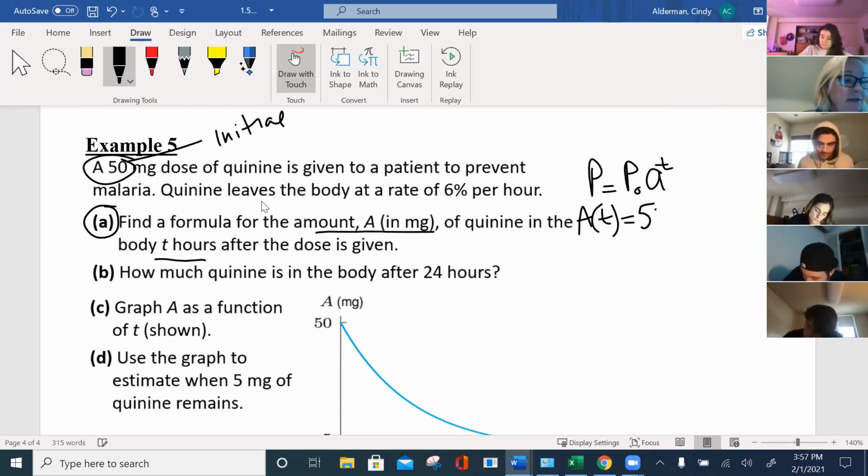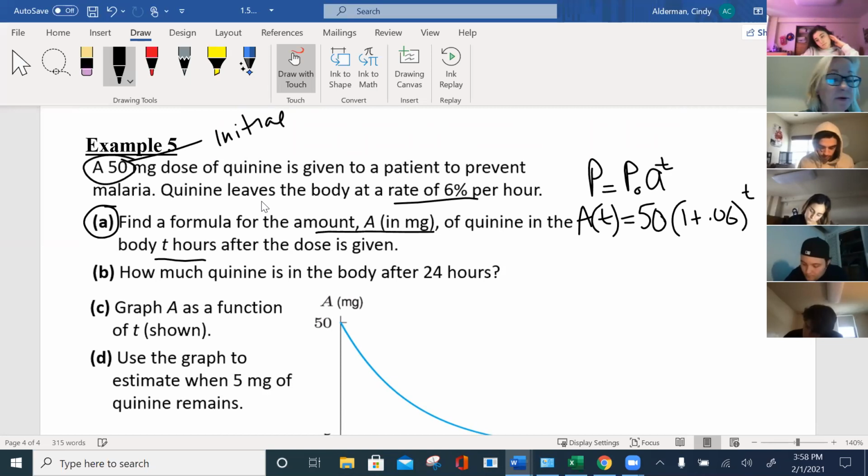So we've got 50 times, they tell us the rate here, right? So the base is always going to be equal to the rate plus 1. So it would be 1 plus 0.06 to the t power. Oh, sorry, I'm wrong about that.